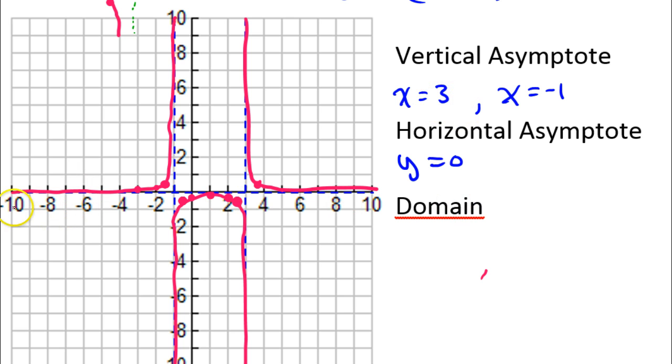So my domain is going to go from -infinity to -1. But then there's an asymptote there, so I have to stop and say union. And then this part in the middle goes from -1 to 3, union, and then this part on the right picks up and goes from 3 to infinity.